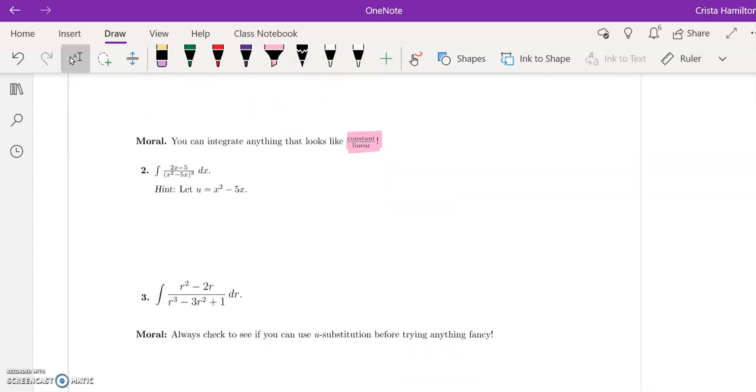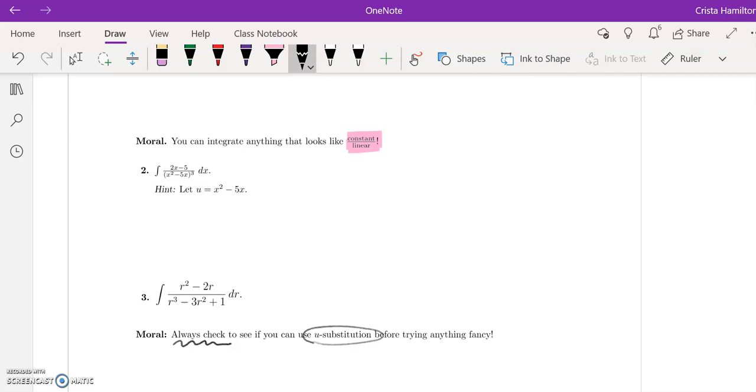Now let's take a look at this idea where I have a linear function over something else. The moral here is that the first thing you should always do is check to see if you can do u substitution before you try any of the fancier things that are going to come later, because u substitution might be exactly what you need.